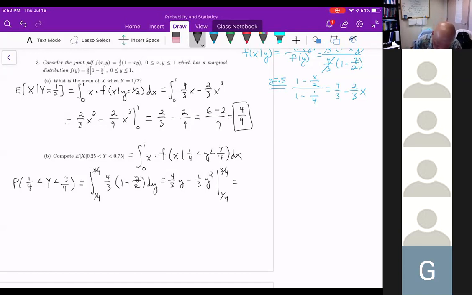So when it's 3/4, the first term becomes 1 minus 1/3 of 9/16, and the 1/3 goes into that to get 3/16. Minus, when it's 1/4, the first term is 1/3, the 4's cancel out, minus 1/3 of 1/16, which is going to be 1/48.